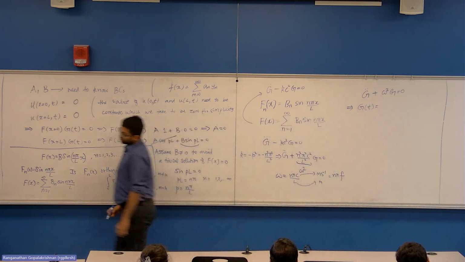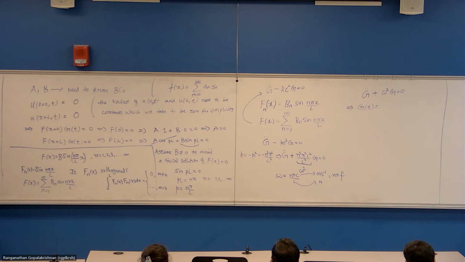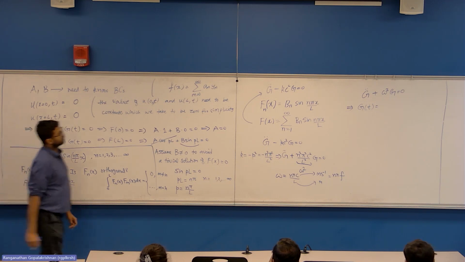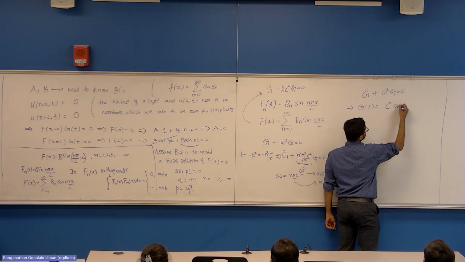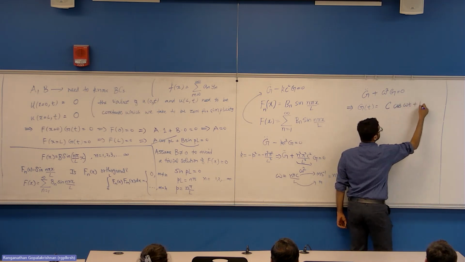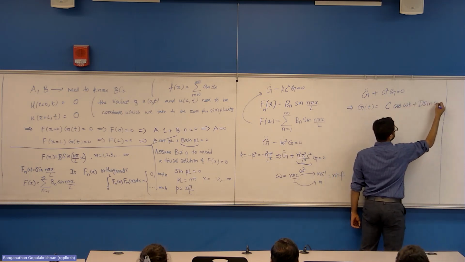the symbol that they use. So we'll use our own symbol. We'll write C cos omega t plus D sine omega t.